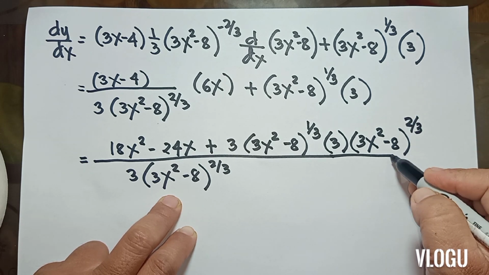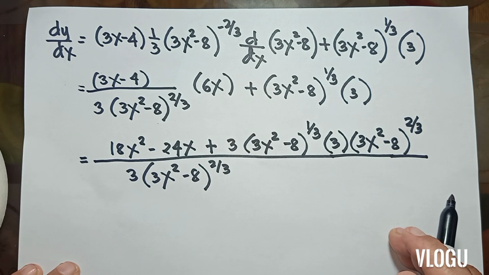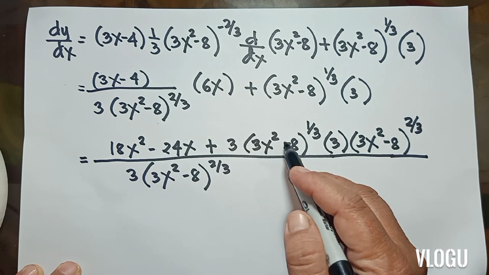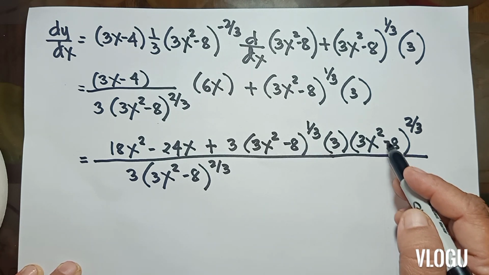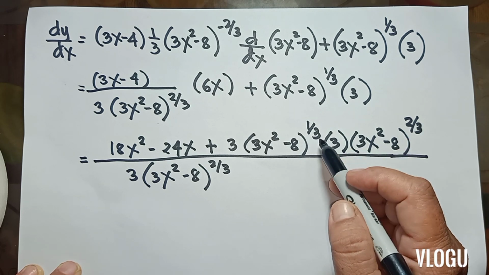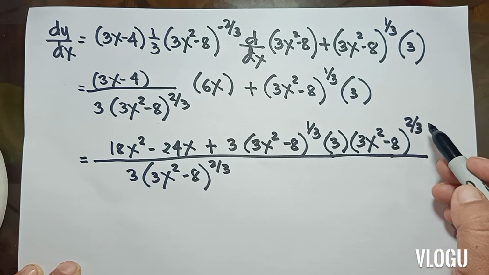times 2/3. So, therefore, if you look here, you have the same base, 3x squared minus 8 and 3x squared minus 8, with different exponents. So, you are going to add the exponents, 1/3 plus 2/3.